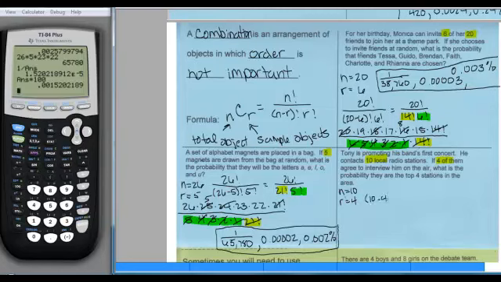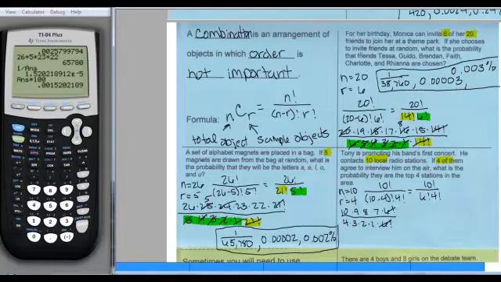10 minus 4 factorial times 4 factorial, and 10 factorial on top. That is 6 factorial times 4 factorial. So that means that we will do 10 times 9 times 8 times 7 times 6 factorial, all over 4 times 3 times 2 times 1 times 6 factorial.